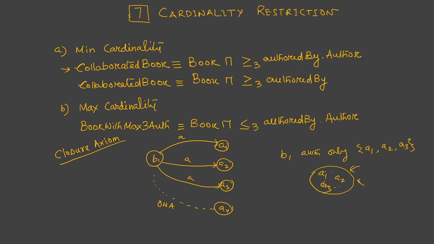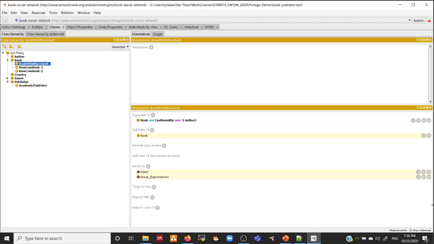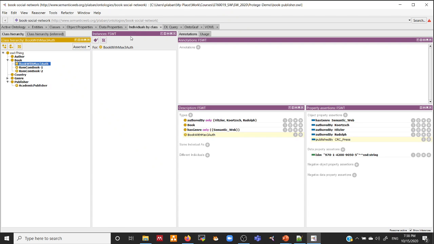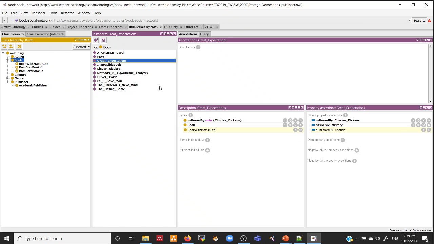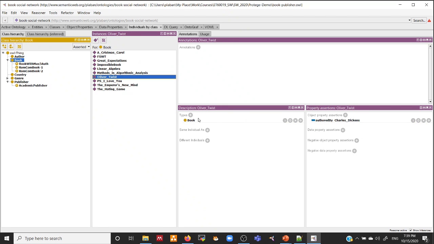After synchronizing the reasoner, let us see what we get. We have added the closure axioms for FSWT and Great Expectations. In FSWT, we have added the closure axiom that says it is authored by only Hitzler, Coates, and Rudolph, no one else, right? And for Great Expectations, it is only authored by Charles Dickens. But for Oliver Twist, we have not added this closure axiom.